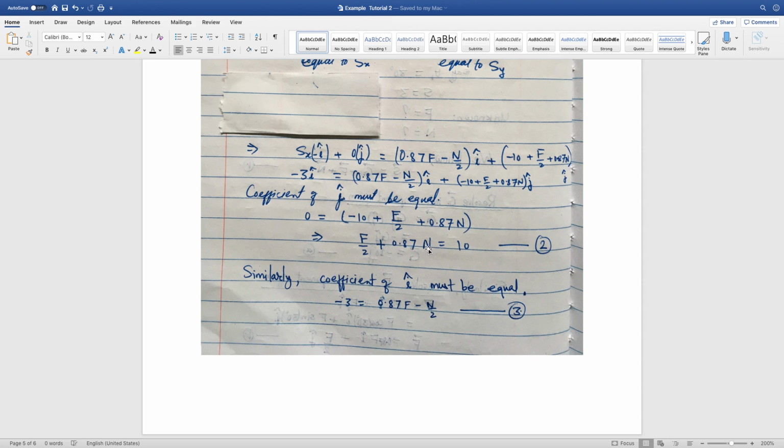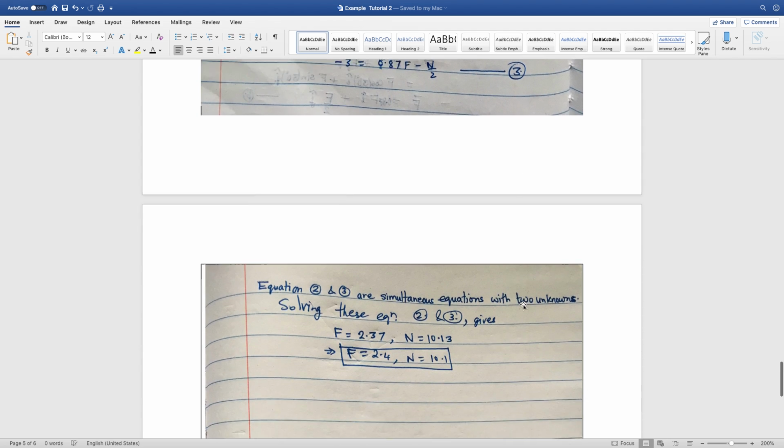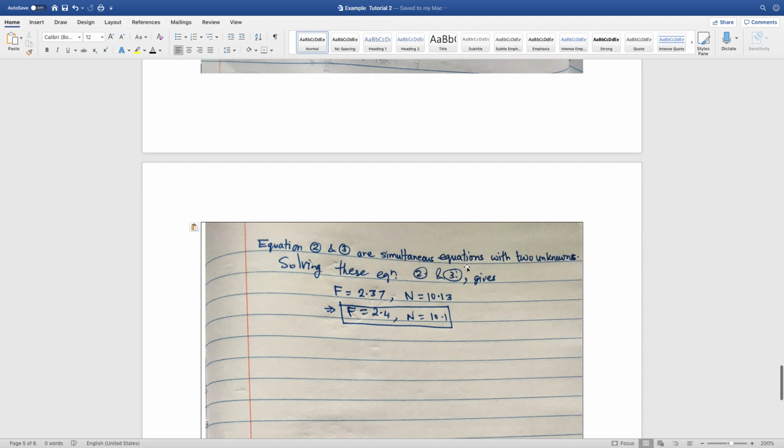We have two unknowns, n and f here. Here also we have two unknowns, n and f. Now when you have two linear equations with two unknowns, we can solve them and find the values of the unknowns. So equations 2 and 3 are simultaneous equations with two unknowns. If you haven't heard this word, simultaneous, don't worry about it. It is just talking about two linear equations with two unknowns.